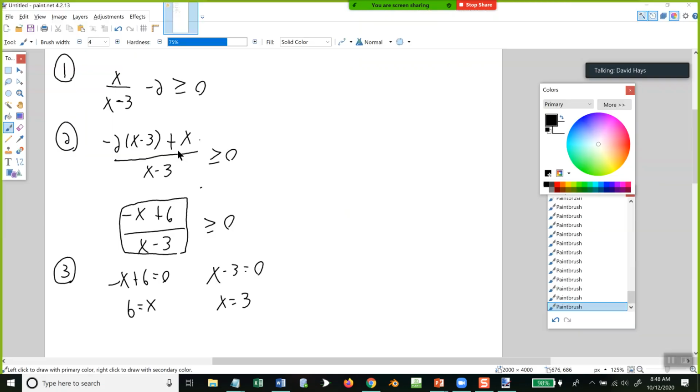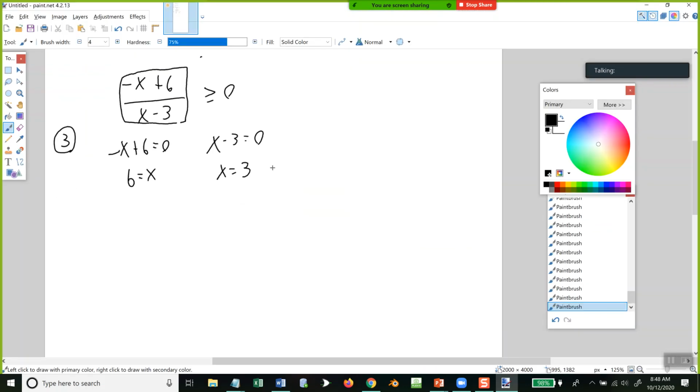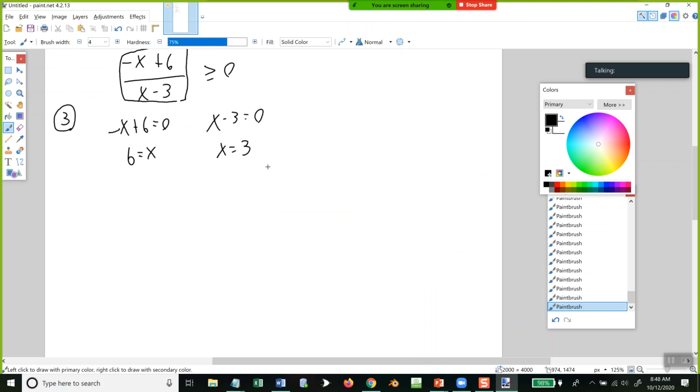Okay. Here I got 3, and here I got 6. And they'll split them up in intervals. Clear over here is negative infinity, clear over here is positive infinity.